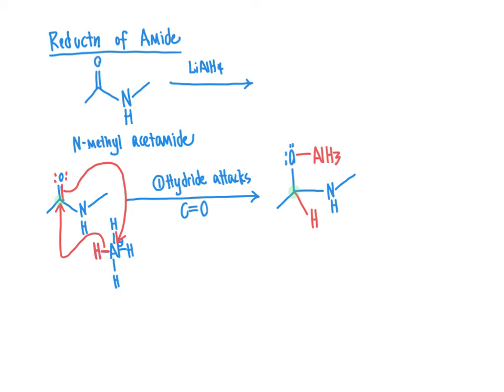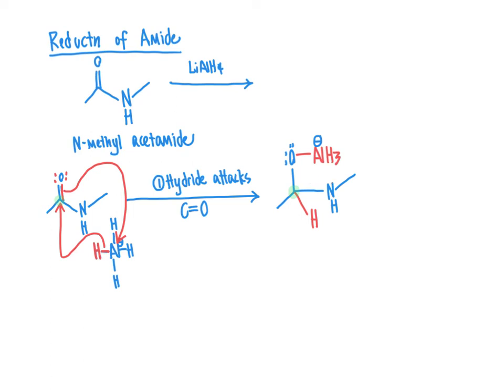And now, as we take a look at this, being sure to keep track of our formal charges, the aluminum there should have a negative charge since it has 4 covalent bonds to it. Now we would think, based on the template for the ester, that what would happen next is that this carbon-nitrogen bond would break, with nitrogen being the leaving group.